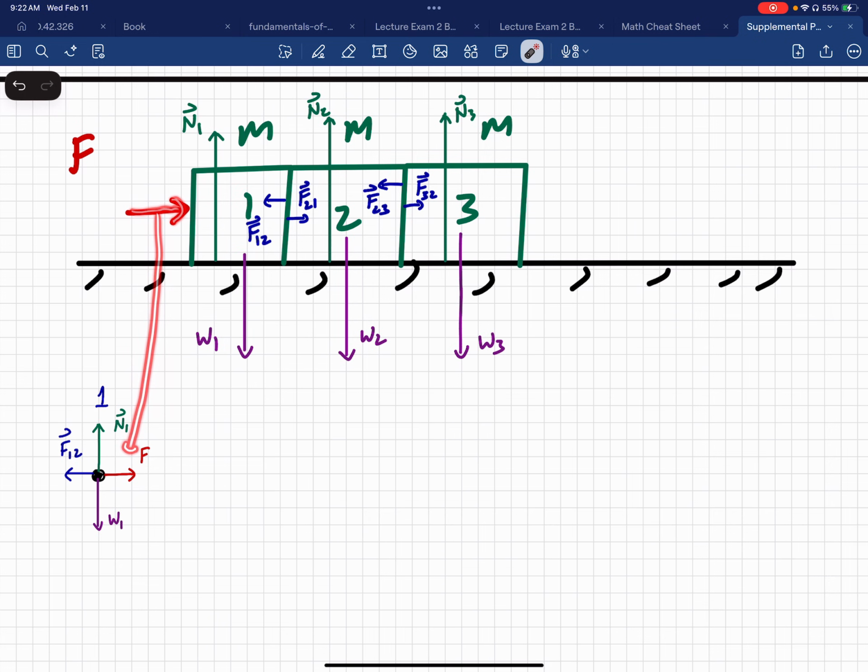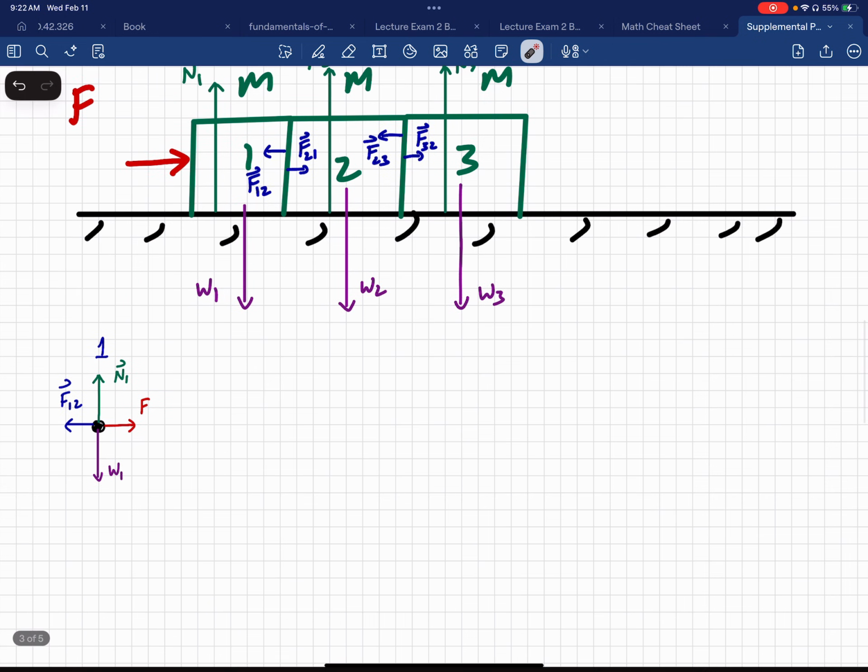Understood? Now, even from the contact force, you see that I have only collected that force for the block 1, which has the indices. The first index signifies on which object the force is applied.